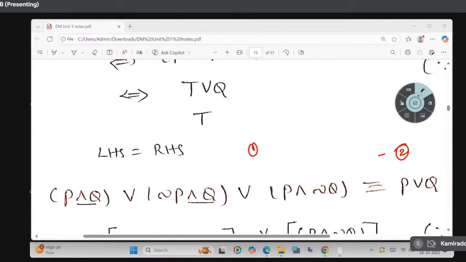Right? First write the question, then tell me what you have to do in order to get the solution. What is your LHS side indicating and how do you need to convert it into the form of RHS?